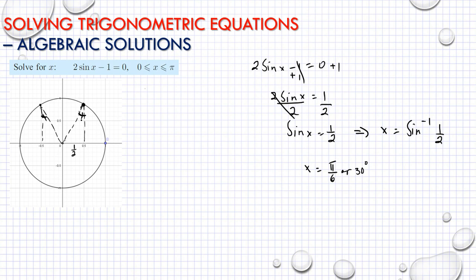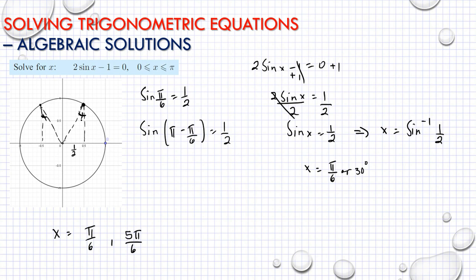So we have sine pi divided by 6, that's 1/2, and also sine of pi minus pi divided by 6, that is also 1/2. So our x now is pi divided by 6 and 5 pi divided by 6, because if we extend this by multiplying by 6, then we have 5 pi divided by 6.